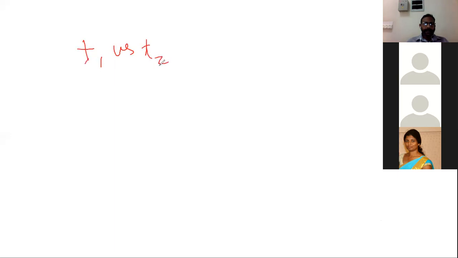This is a pooled t-test. If you have only two treatments, T1 and T2, then we go for T1 versus T2.